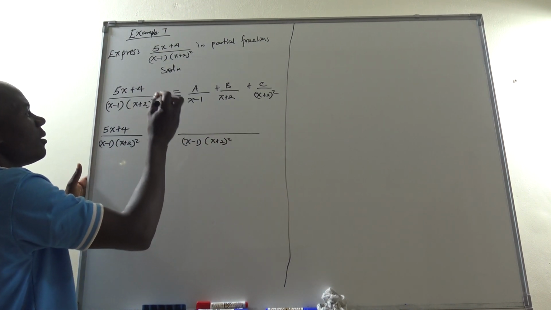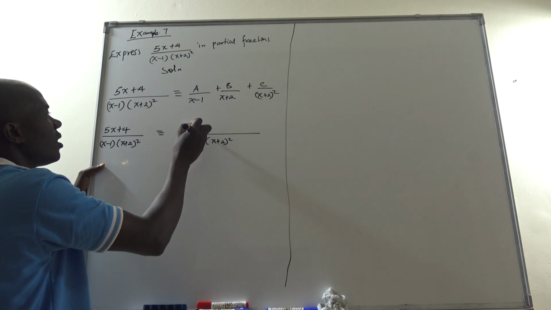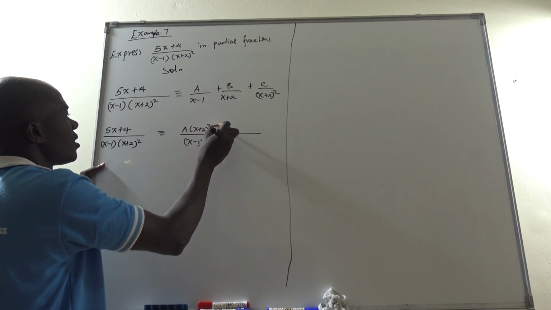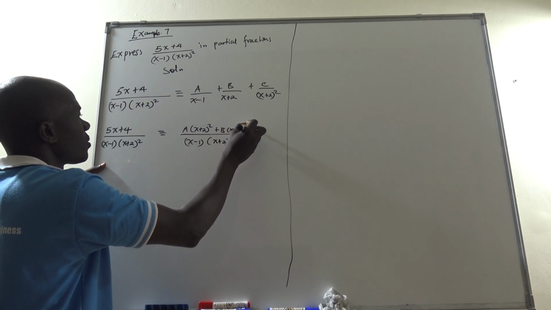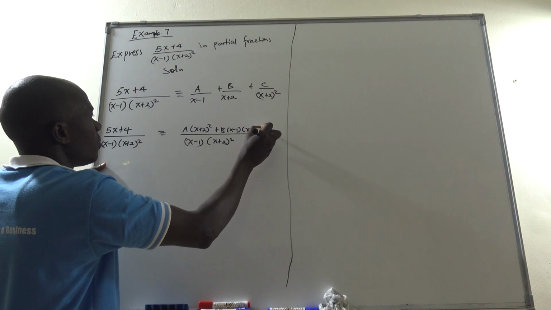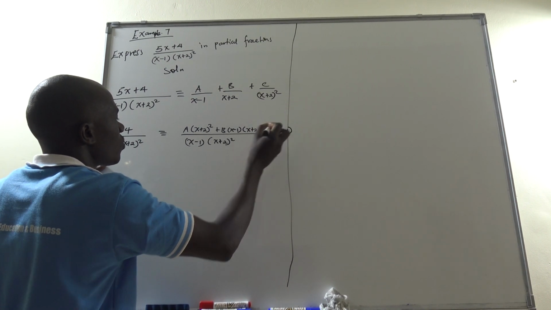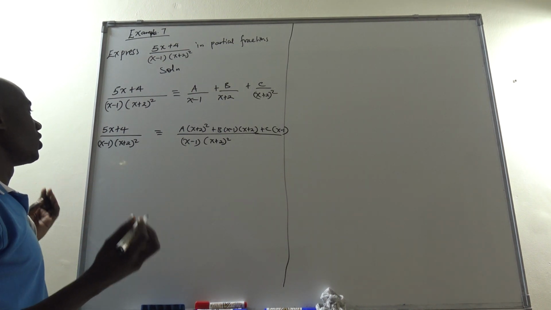So the whole of that one divided by that, we are coming out with A into (x + 2)² plus B into (x - 1) into (x + 2), then plus C into (x - 1). Since the LCM and the denominators are the same, they are going to cancel.